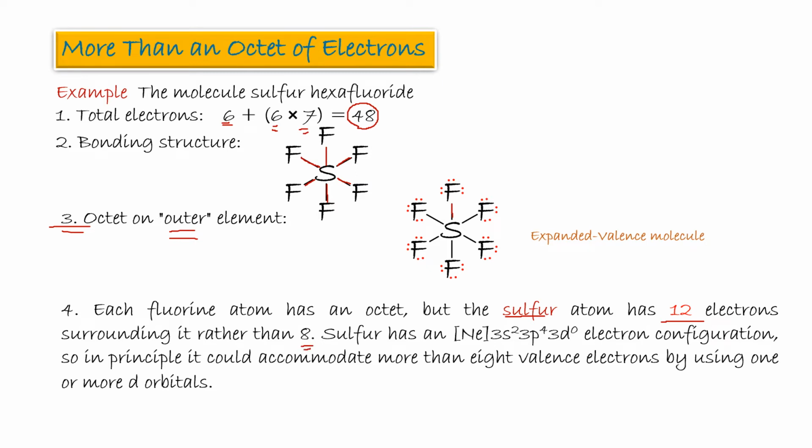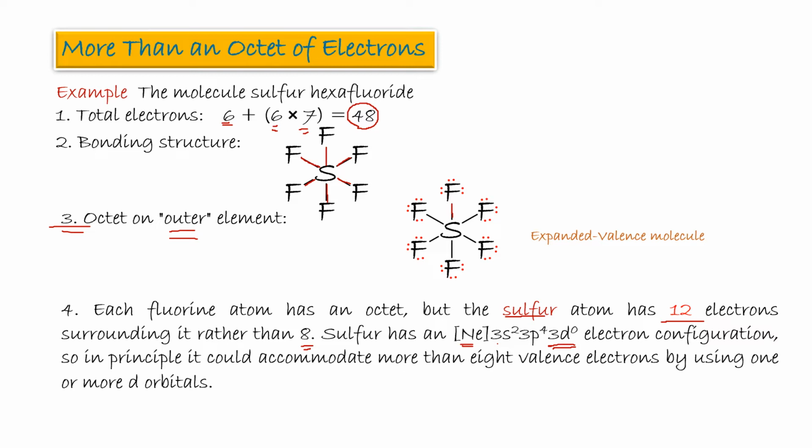Recall that sulfur has neon configuration and then 3s2, 3p4, 3d0. So it has still part of the p orbital empty, and the d orbitals, the 5 orbitals, are free.